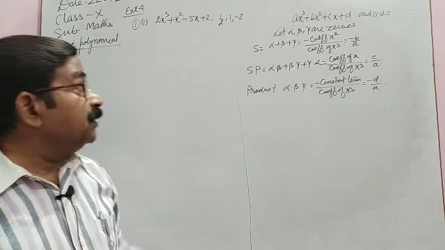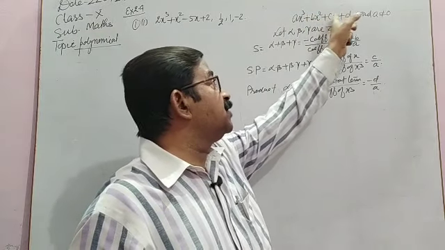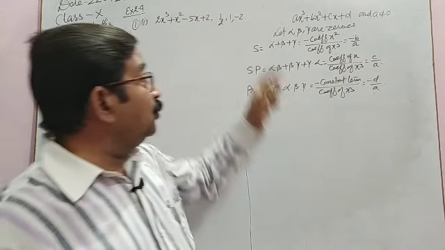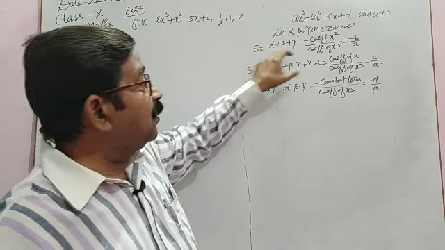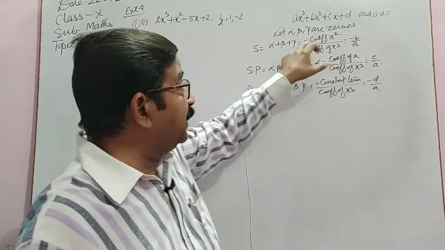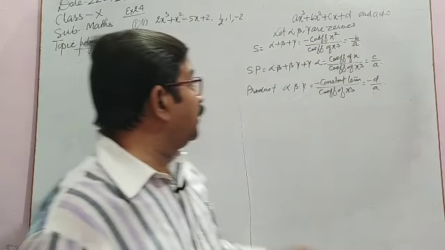Is it clear? For the cubic polynomial ax cube plus bx square plus cx plus d, where a is not equal to 0, we have 3 zeros, alpha, beta and gamma. First is the sum of zeros, alpha plus beta plus gamma, which is minus coefficient of x square upon coefficient of x cube, minus b upon a.